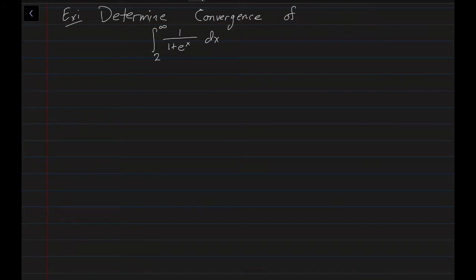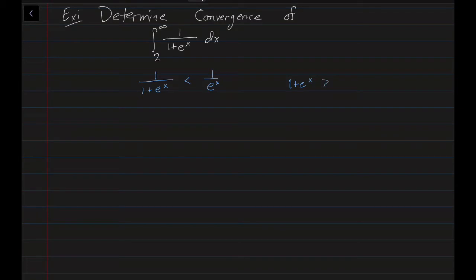Next, let's take a look at the integral from 2 to infinity of 1 over 1 plus e to the x. Now, let's do some analysis on the integrand here. So 1 over 1 plus e to the x is always going to be less than 1 over e to the x, because we're just going to add a little bit to the denominator.